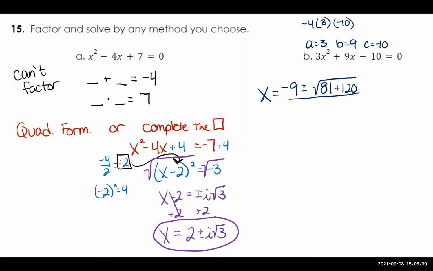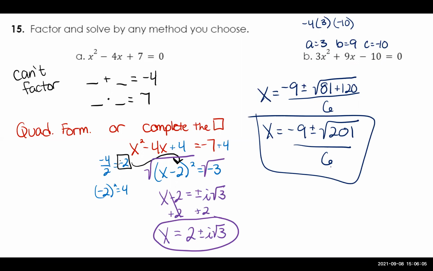All over 2A. So 2A would be 6. There we go. We have -9 plus or minus the square root of 201 all over 6. There is not a perfect square that goes into those, and they aren't all divisible. So this would be your final answer.